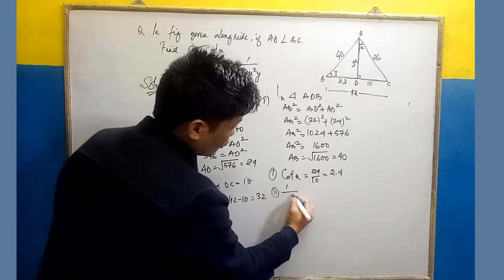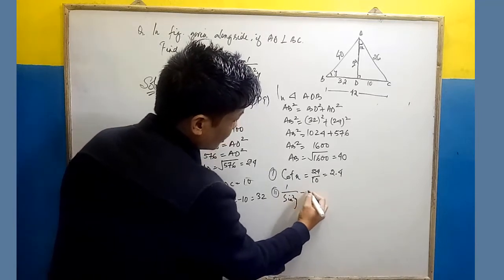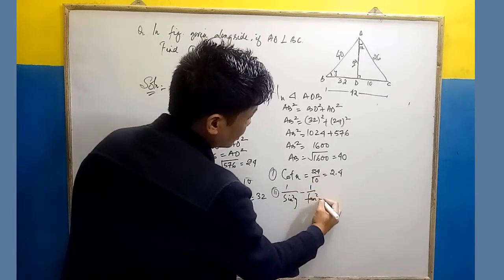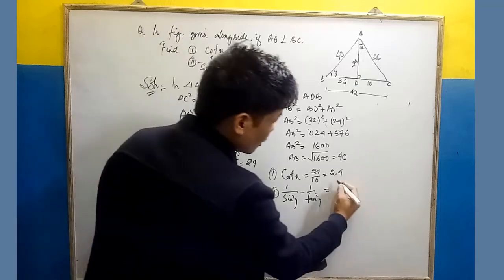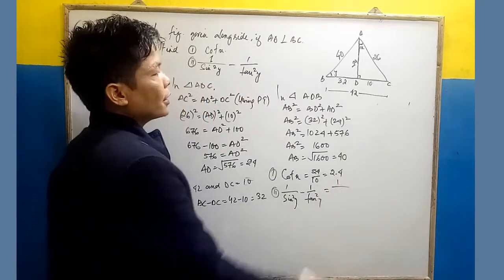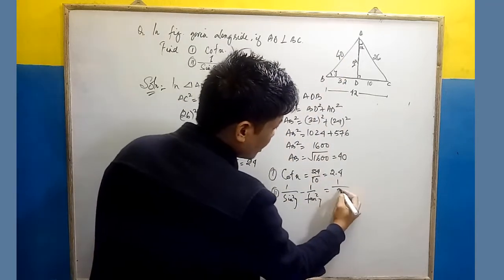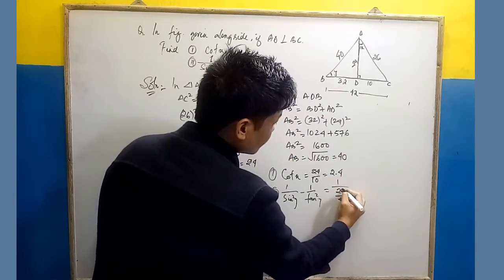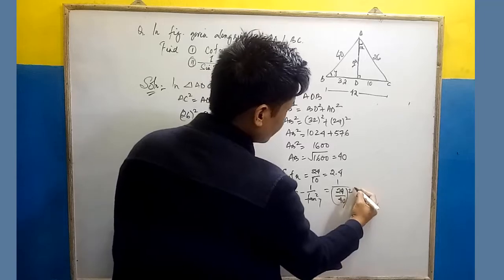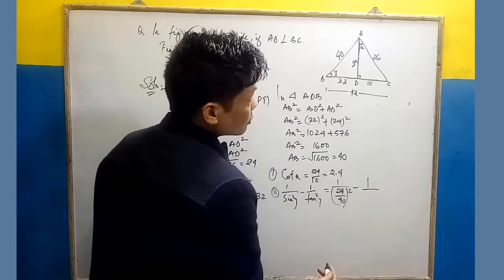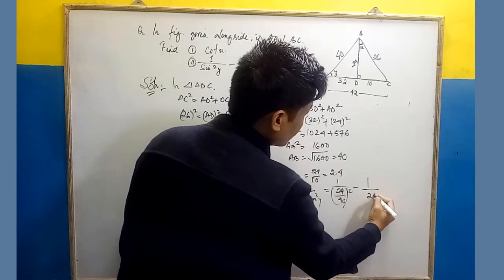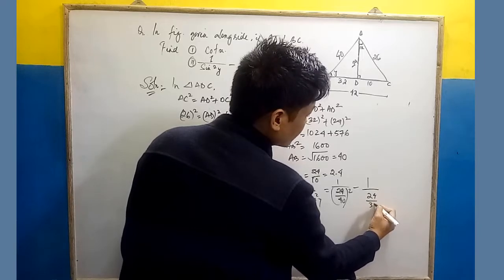And the value of 1 by sin square y minus 1 by tan square y will be equal to 1 by, for sin y, the formula is perpendicular by hypotenuse, which is (24 by 40) whole square, minus, for tan y it is 24 by 32, which is perpendicular by base.